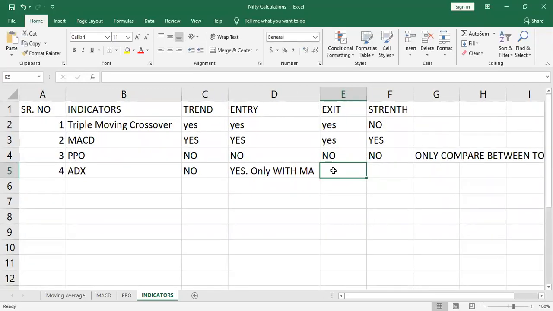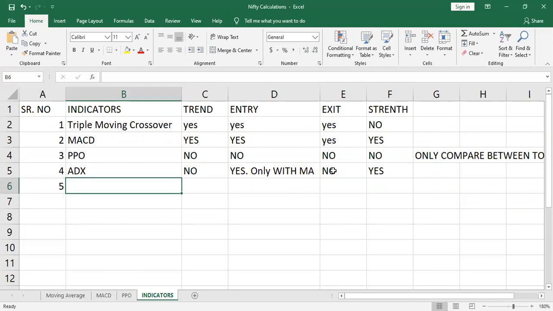Exit, it can't confirm the exit. And the strength of the trend, then the answer is yes. This is primarily used to find out the strength.